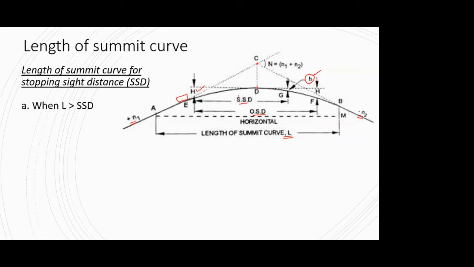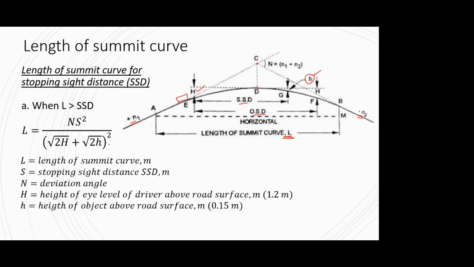In that also we have two cases. Suppose the length of summit curve, this L value, is greater than the stopping sight distance. In that case, we have an empirical formula: capital L is equal to N S square upon [square root of 2H plus square root of 2h] whole square.